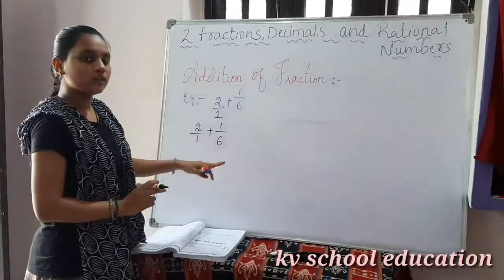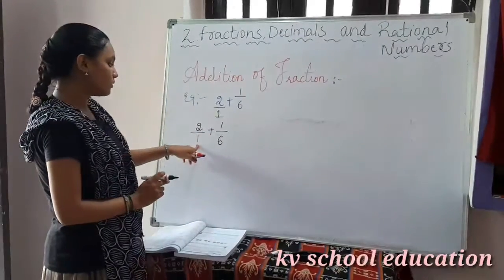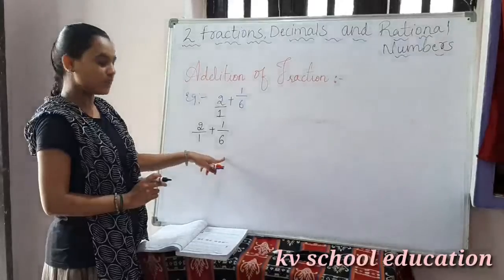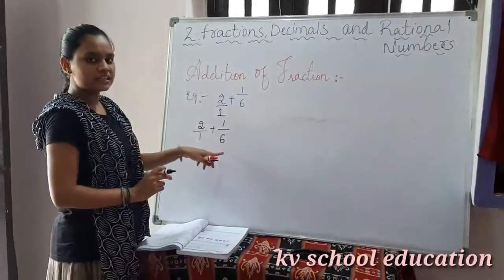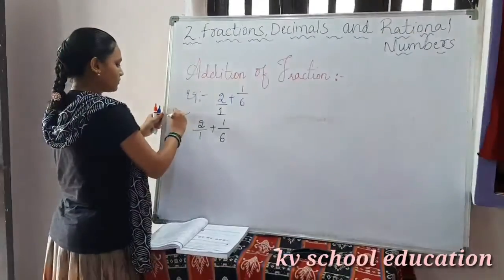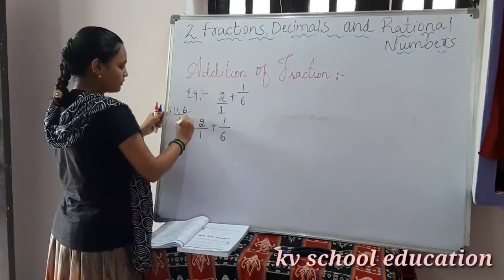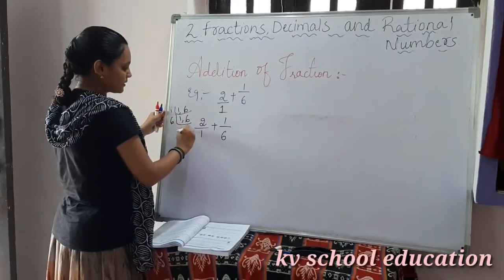How to make them the same? We should take the LCM of the two numbers 1 and 6. The LCM of 1 and 6 is 6. In the 1 table, 6 ones are 6.